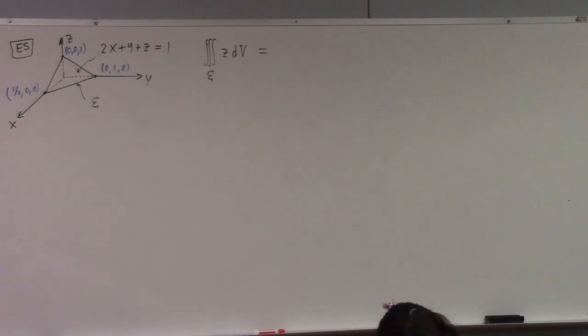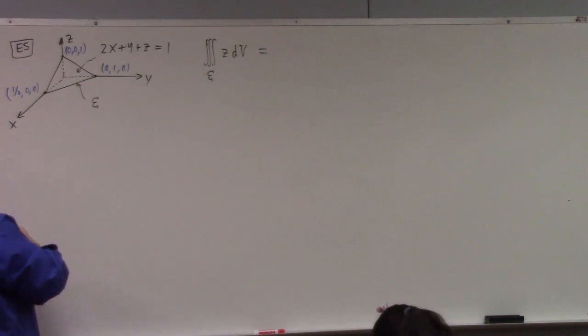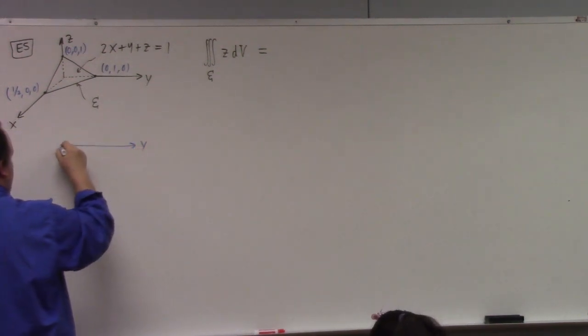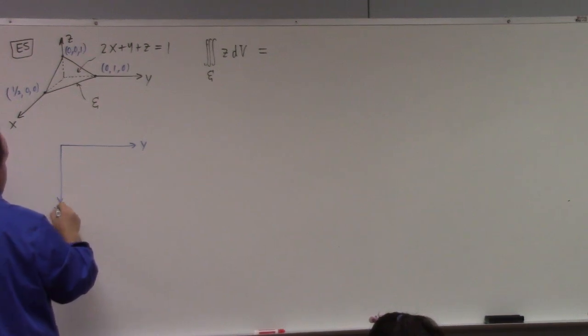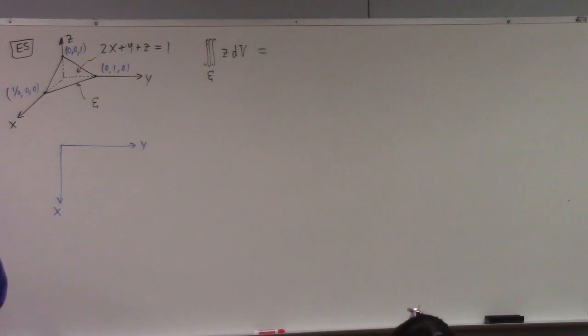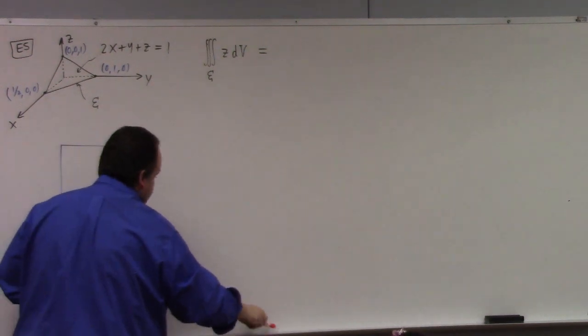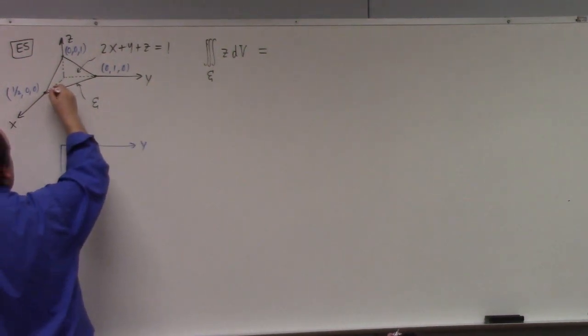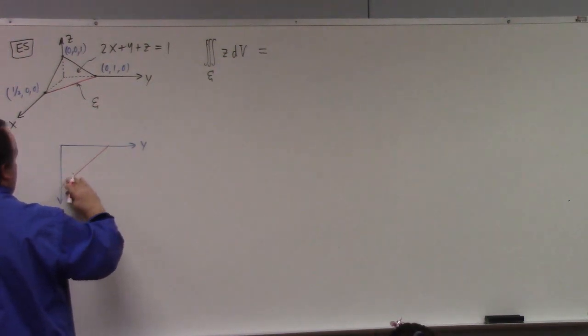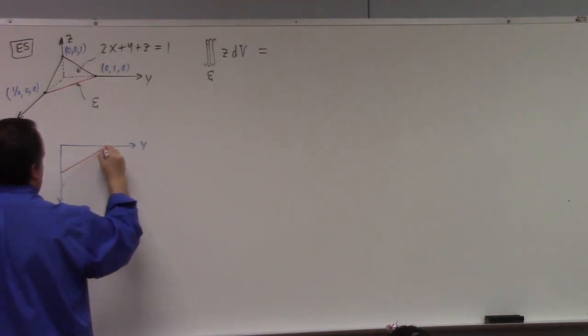What else is going to be really helpful is to look at this thing from a top-down perspective. So here's y and here's x. This line right here, which I'll make red, would look like that.